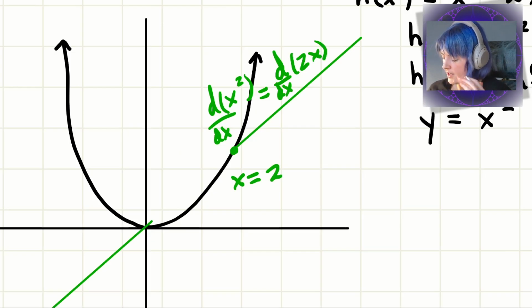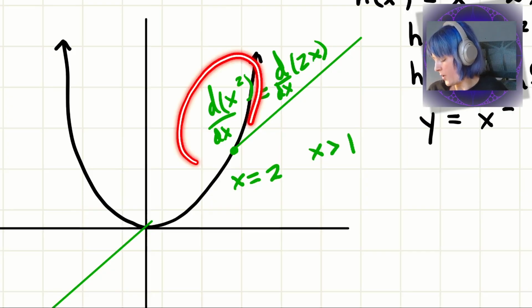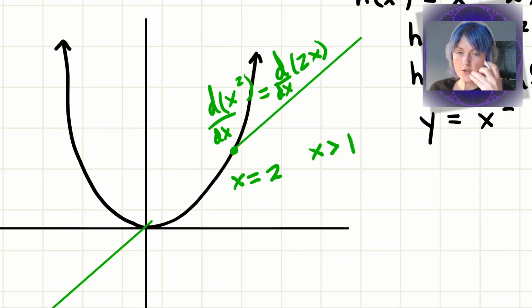So they're on an even playing ground. Their values in the range are equal at this point. But when x is greater than 1, then x squared starts to have a greater rate of change.